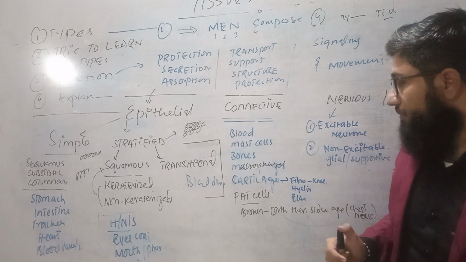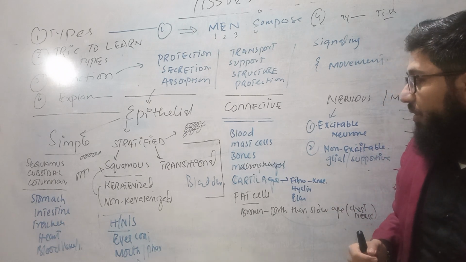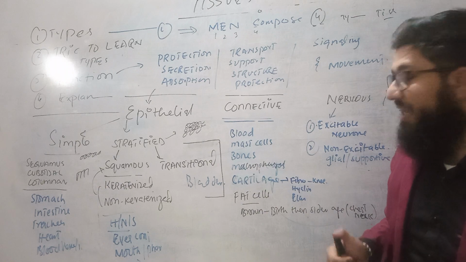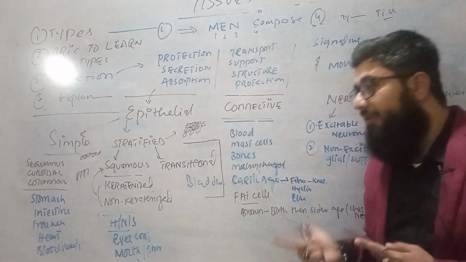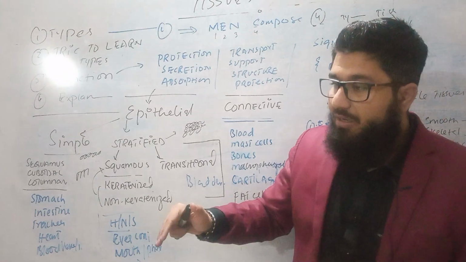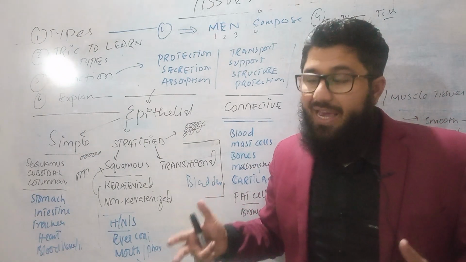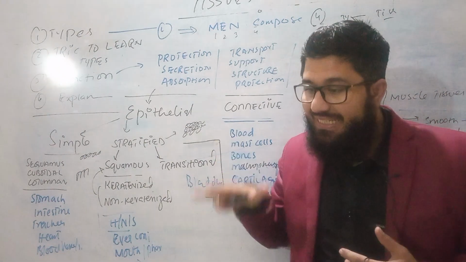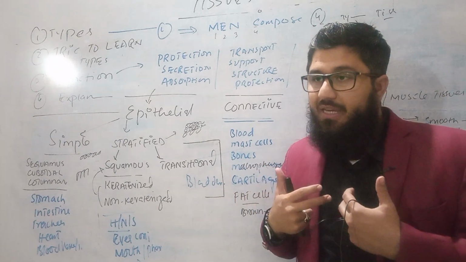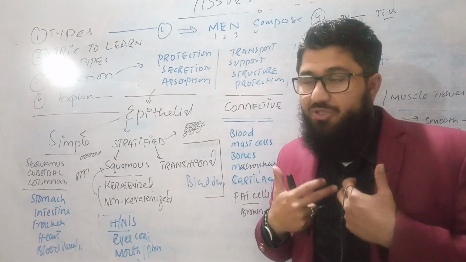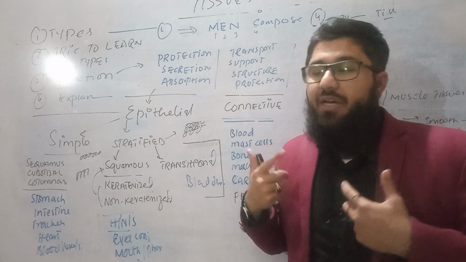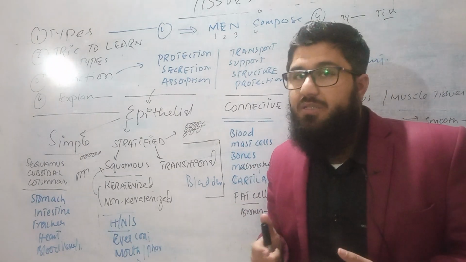So the different types of cells in connective tissues provide protection, structure, support, and transportation in our body. One point I want to tell you about fat cells is that we have two types, brown and white. When we were babies, we had an abundance of brown fat, but as we grow, this brown fat decreases and remains only in our chest region and neck region, and the rest of the body is covered by white fat.